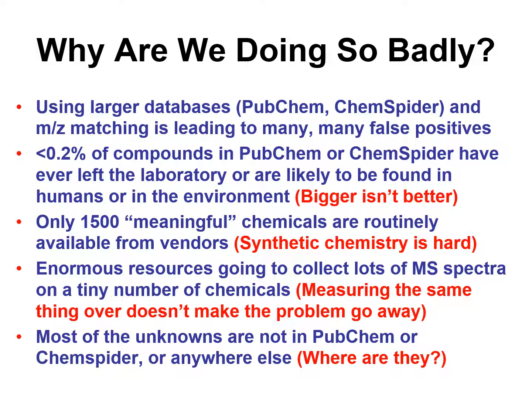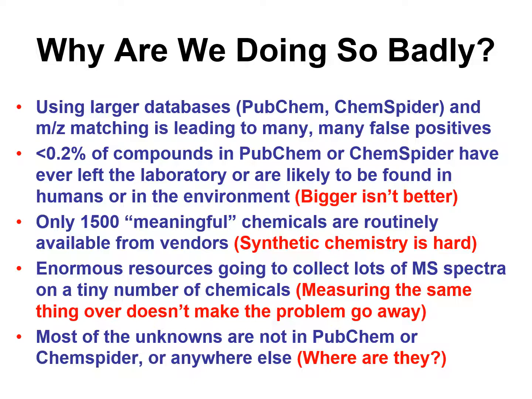But it's also a situation that many people believe that we just simply need to get a larger version of ChemSpider or PubChem. And that's actually a false hope. Many people are not aware that probably less than 0.2%, probably even less than 0.1% of the compounds in PubChem or ChemSpider have ever left the lab.